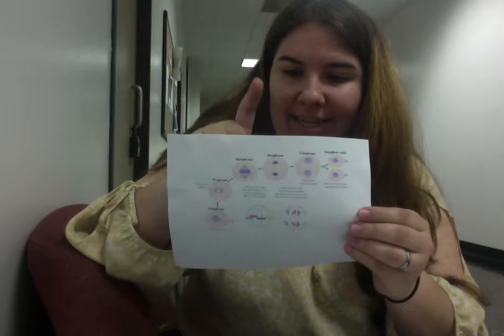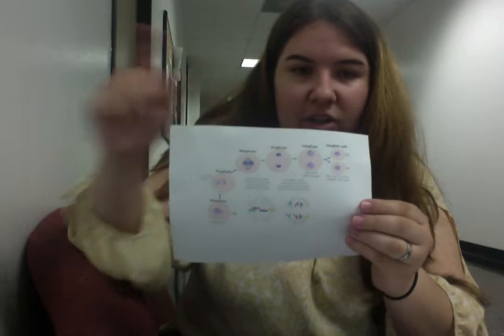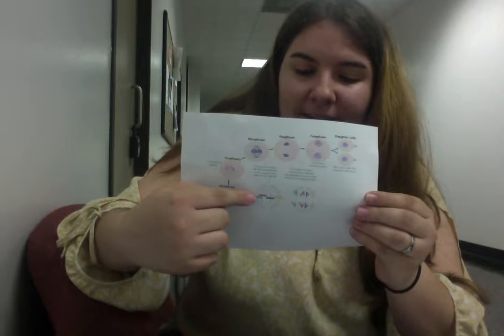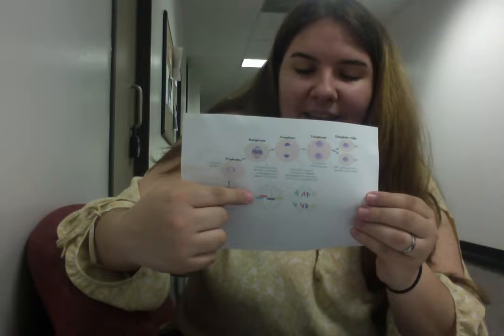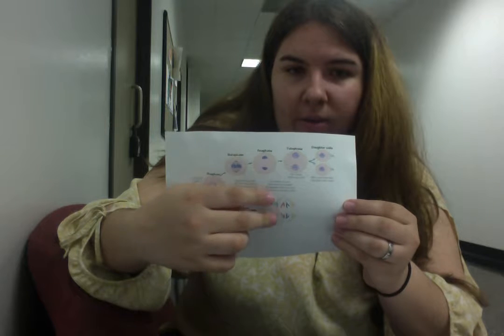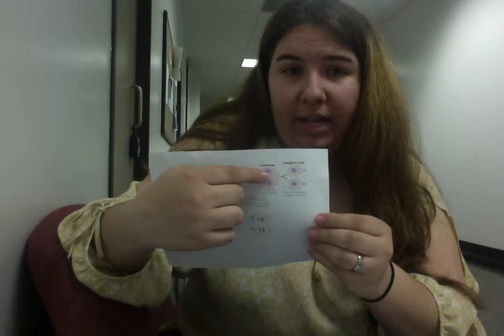And then in the next phase, called anaphase, the chromatids, or chromosomes, separate from each other and go to opposite ends of the cell, or different poles. And when this happens, in the next phase, called telophase, it creates 2 nuclei from the chromatids here.